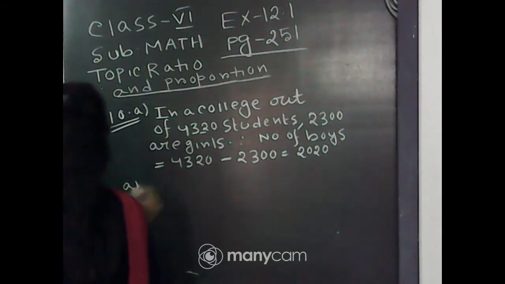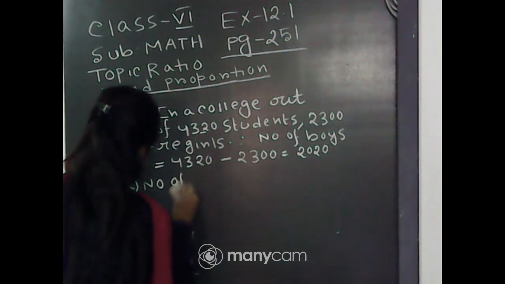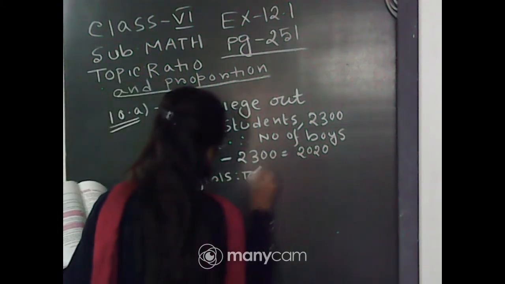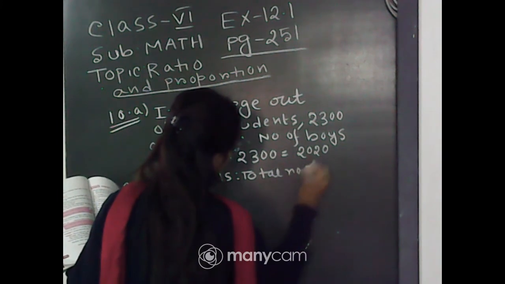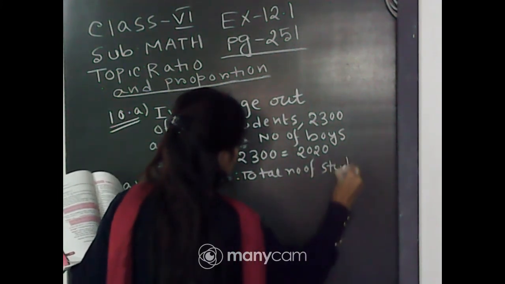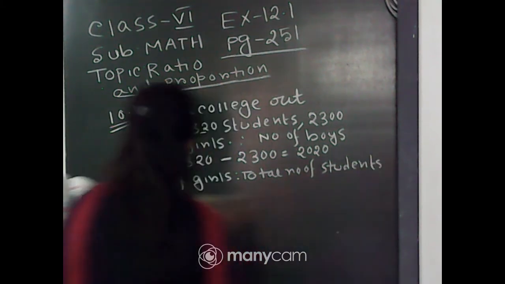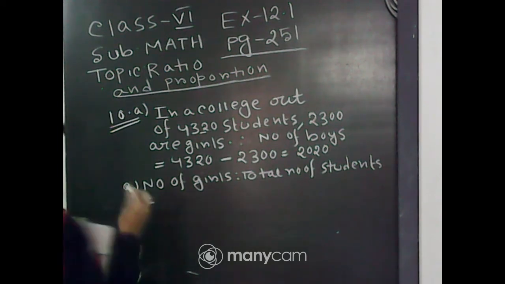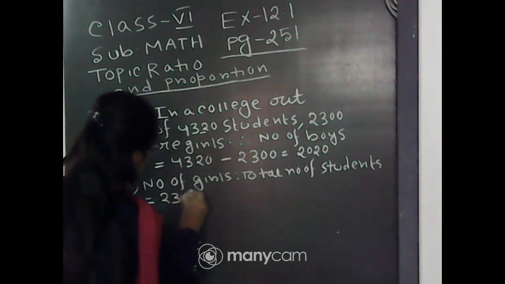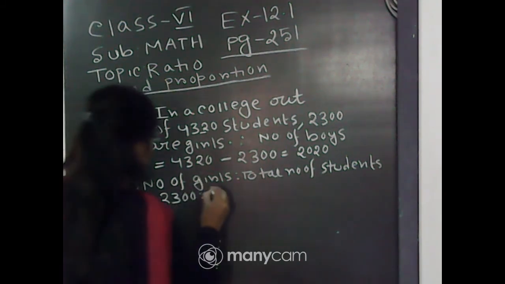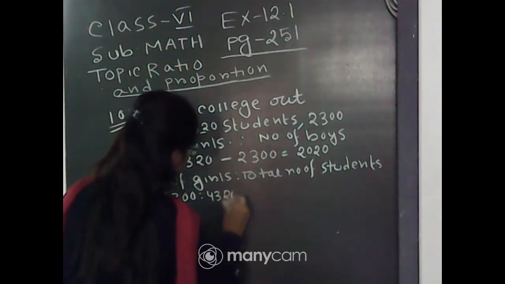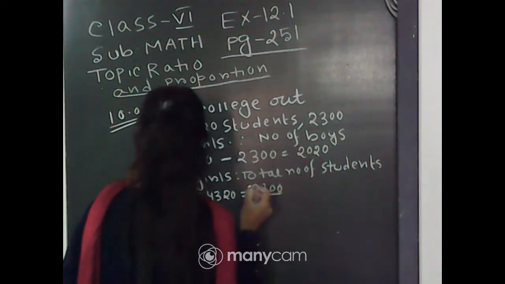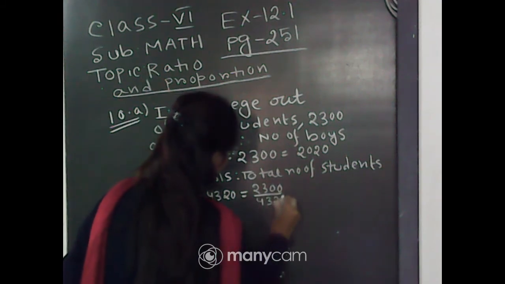Therefore, number of girls is to total number of students is equal to 2,300 is to 4,320, and we can write this as 2300 divided by 4320.